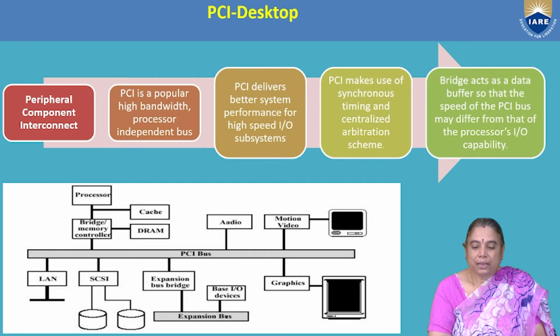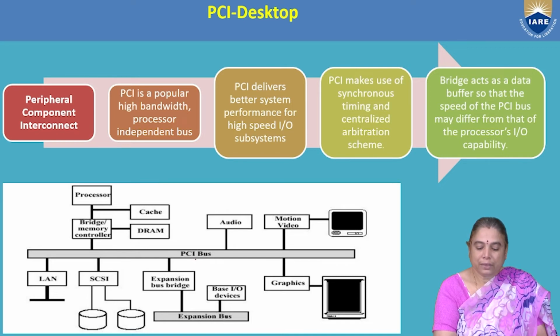Next is the PCI desktop. Peripheral Component Interconnect is the full form of PCI. So here the PCI is the PCI bus. In this, various I/O devices are connected with the expansion bus in order to take care of more demanding I/O traffic, and the bridges are used to take care of the memory, cache and processor access.